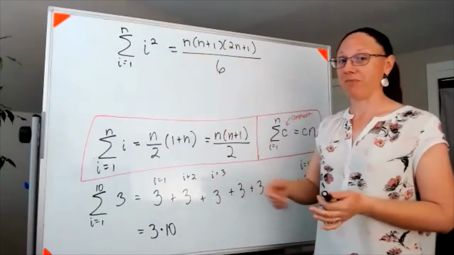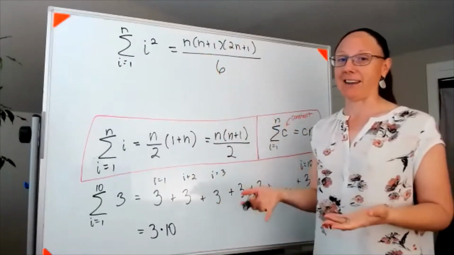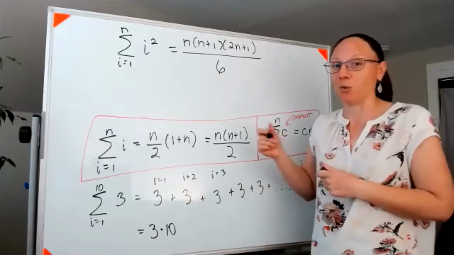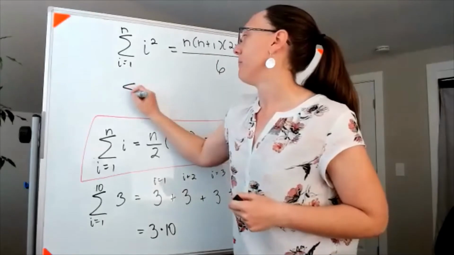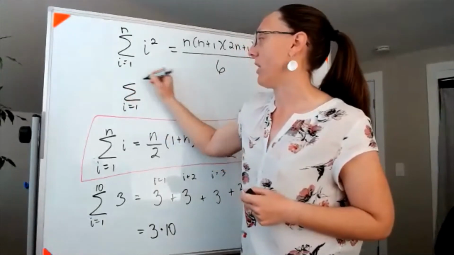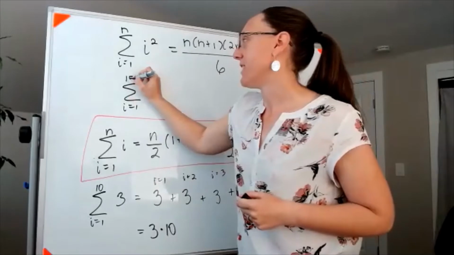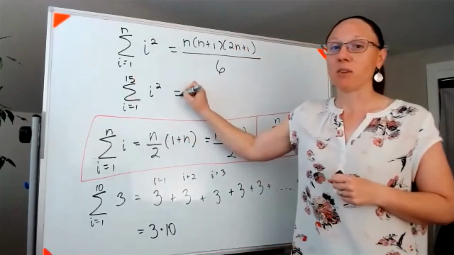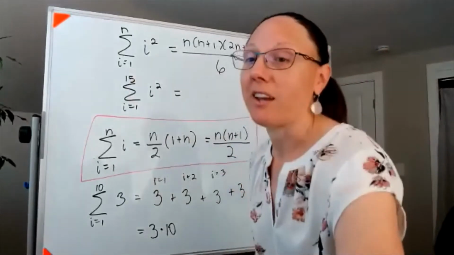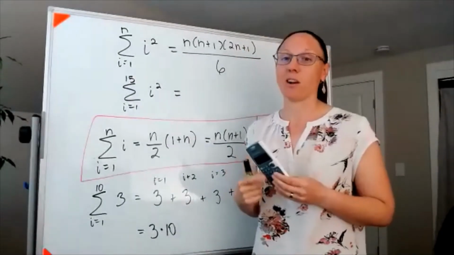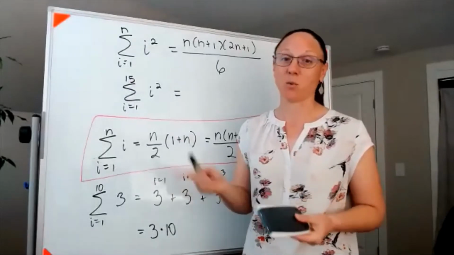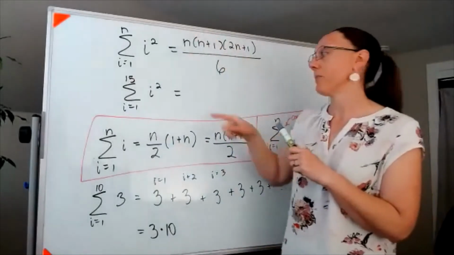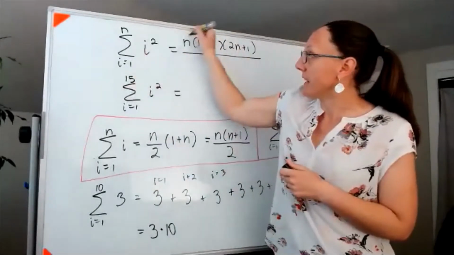So for example, if I asked you to compute, or if there was a Webwork question that was asking you to compute something like the sum from 1 to 15 of i squared, this formula says rather than grabbing your calculator and doing 1 squared plus 2 squared plus 3 squared plus 4 squared plus 5 squared, all the way up to 15 squared, we can use this formula where that 15 is my n.